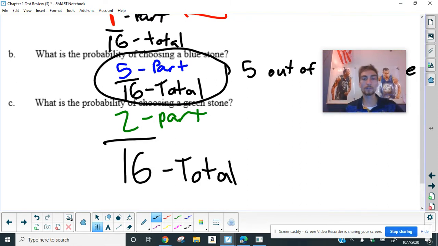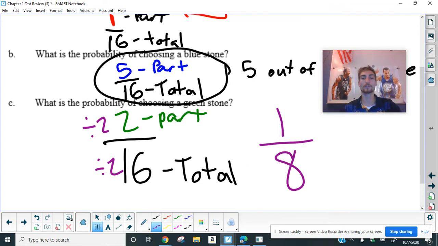Okay, so we're probably thinking we're all done here, but I noticed that there is a number that goes into both 2 and 16, and that number would be 2. And so if we divide 2 by 2 and divide 16 by 2, then we're going to have 1 over 8 as our new fraction.